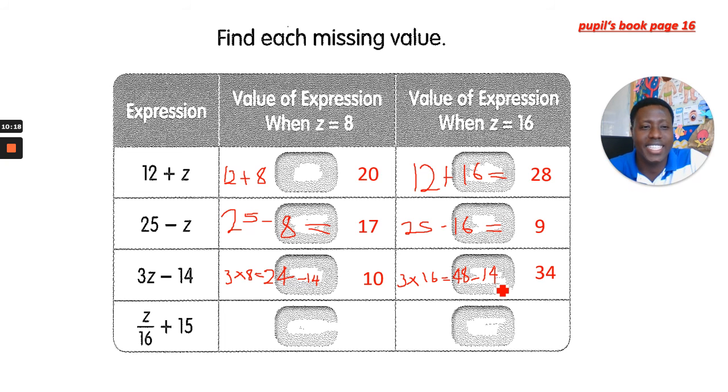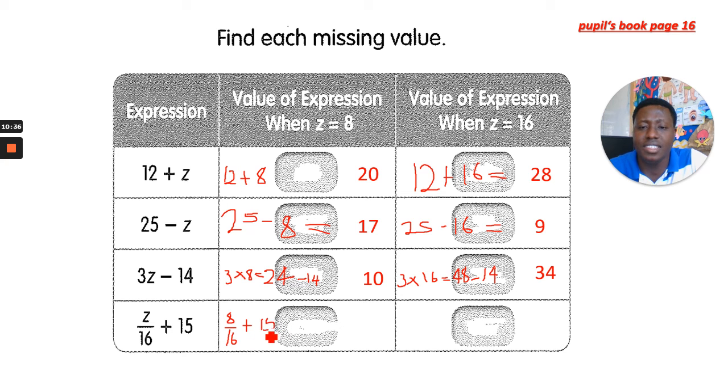Let's look at the last one. Here we divide. So 8 divided by 16 plus 15.